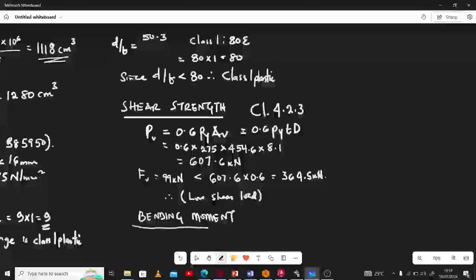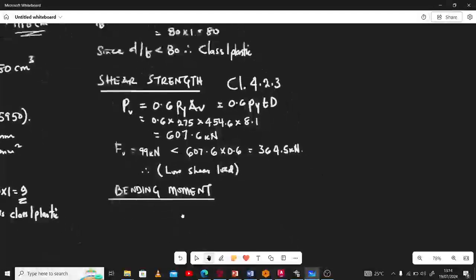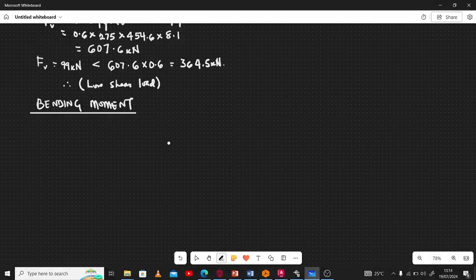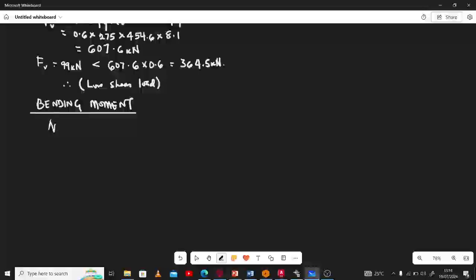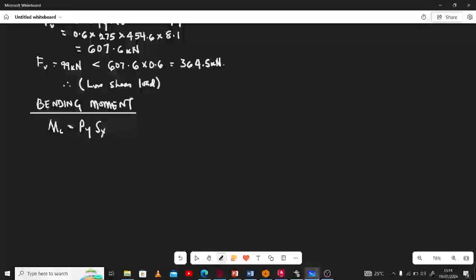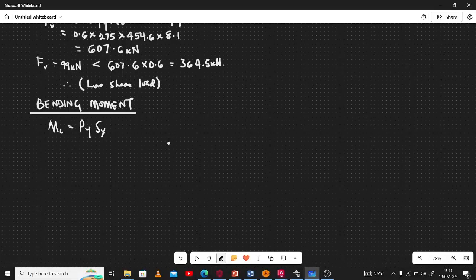Bending moment. Okay, so we can have the usual formula I told you when we started: Mc equals pyS.